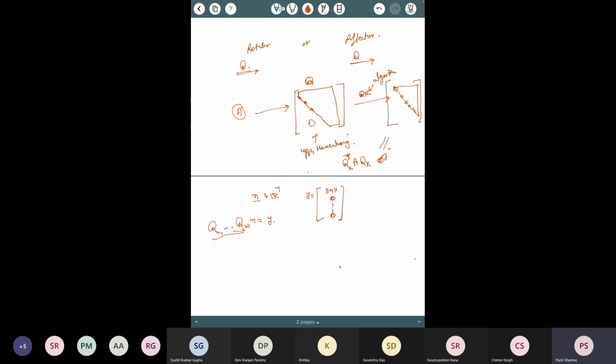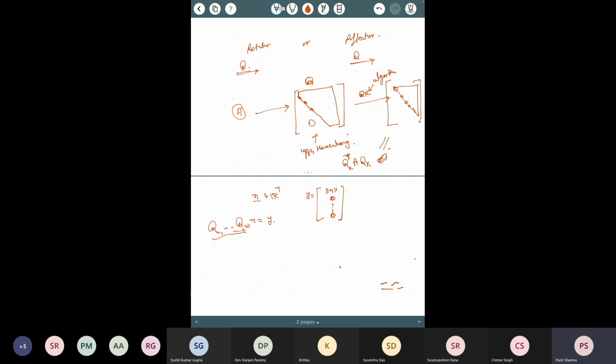So by a sequence of n-1 rotators, you can send x to y, this kind of vector. A similar thing you can do using one reflector also. You can choose the reflector appropriately, and construct a reflector that sends x to y. We have discussed this in the last class.